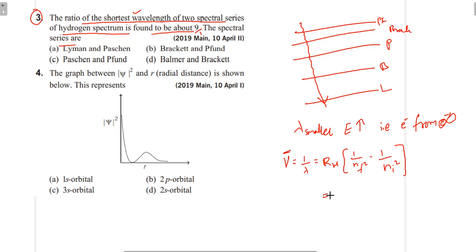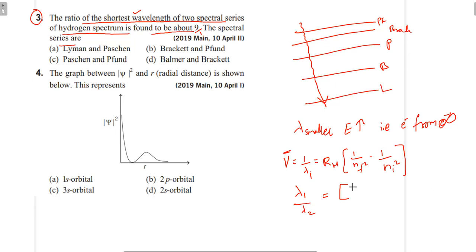We need wavelength, so I am applying it 2 times, lambda 1 and lambda 2. So lambda 1 by lambda 2 equals, RH will get cancelled.